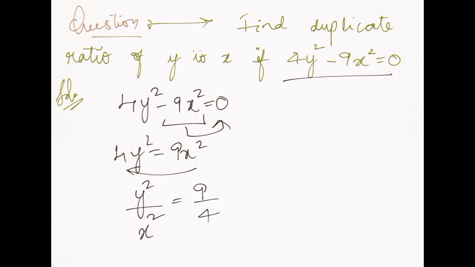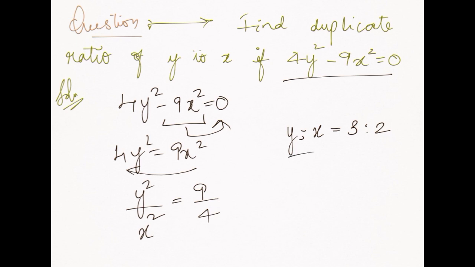So this is y square by x square, and this is only the duplicate ratio. Generally y is to x is the normal ratio, which is going to be 3:2; you have to take the root on both sides, then you will get this.